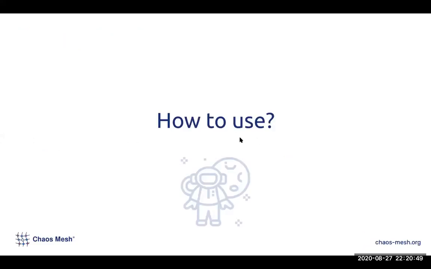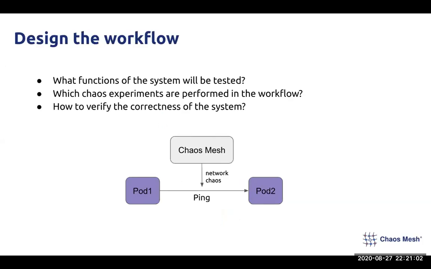Till now, you may still not know how to use Chaosmesh action. So I will create a workflow and use a simple example to illustrate. First of all, we have to design the workflow. We have to consider these three questions. The first one, what functions of the system will be tested, and which chaos experiments are performed in the workflow.